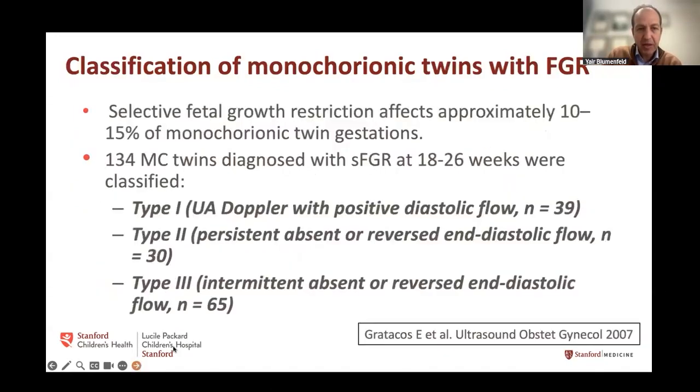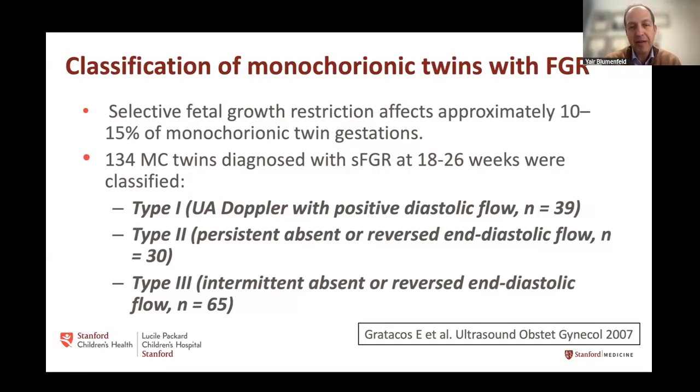And the reason for that is this concept that about 15 or almost 20 years ago, Eduardo Gratacos in Spain came up with this concept of different types of selective fetal growth restriction with monochorionic twins. And so he came up with these three types: type 1, type 2, and type 3.